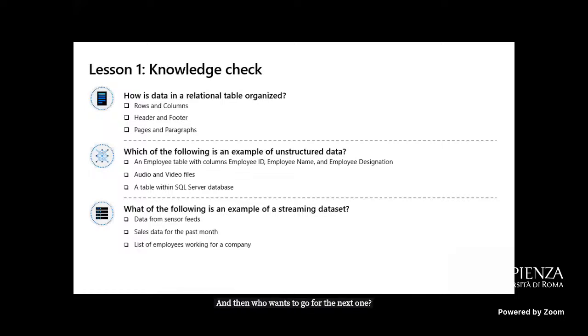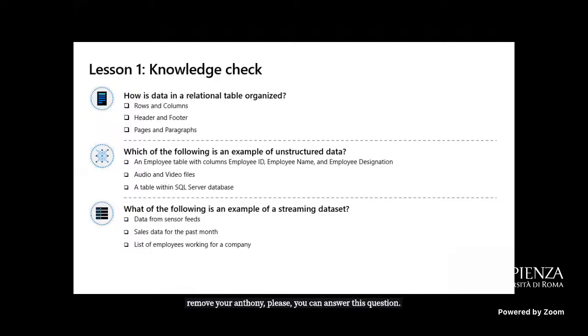And who wants to go for the next one? Which of the following is an example of a streaming data set? I think I see 3 people have raised their hands. I'm trying to see your names. Okay, Holiness, if you've raised your hand and I've called you, please remove your hand. Tell me, please, you can answer this question.